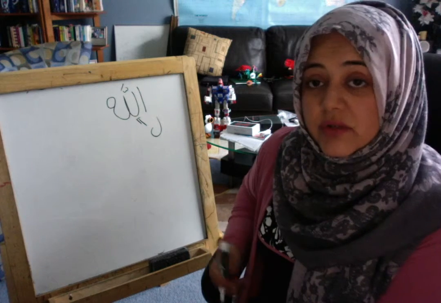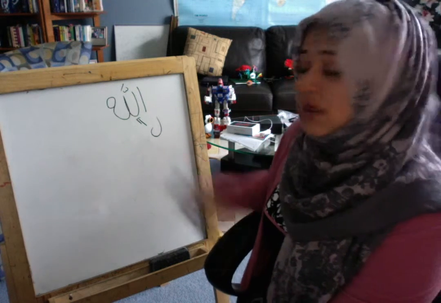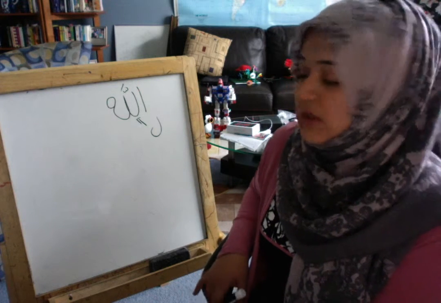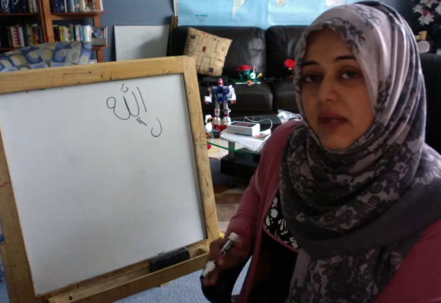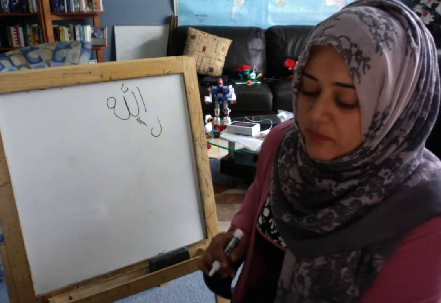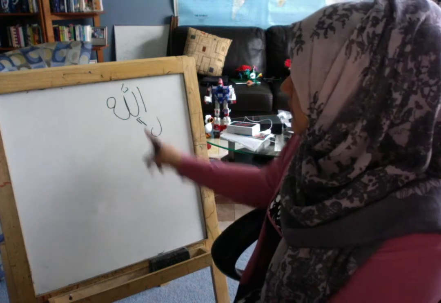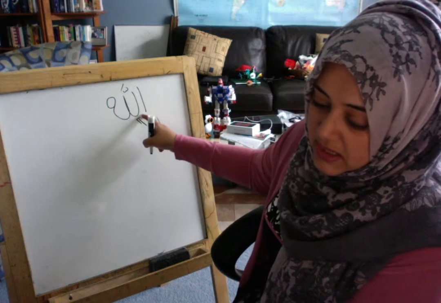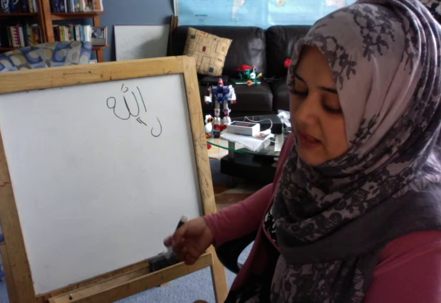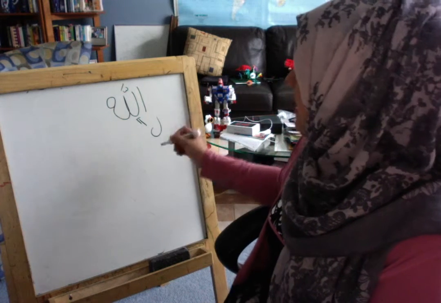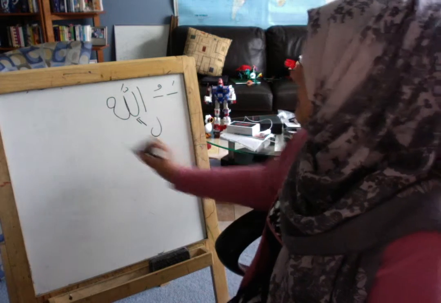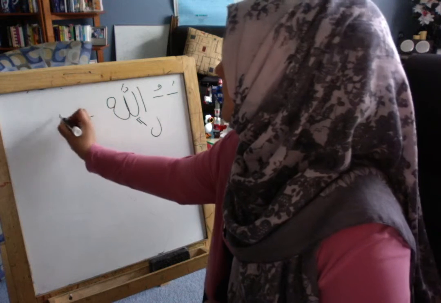The word Allah is the special exception here that we're talking about. This can be either category, Tafkheem or Tarqeeq. How do we know? If before the Allah comes a dhamma or a fatha, then you are going to have Tafkheem.